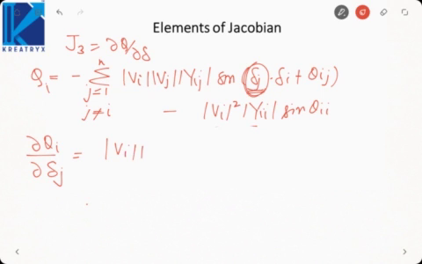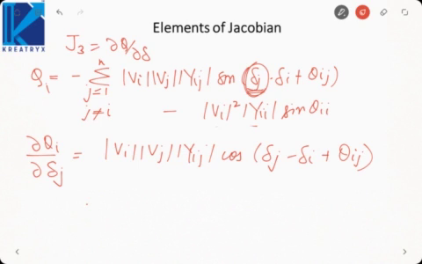So it will be |Vi||Vj||Yij| cos(δj − δi + θij). I hope all of you understand why I am removing the summation sign. Suppose you are differentiating with respect to δ1 or δ2, then it appears in only one term inside the summation, so the derivative of the other terms of the summation will be 0. But if you are differentiating with respect to δi, it appears in each and every term.